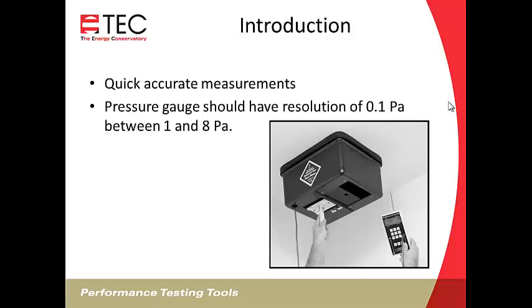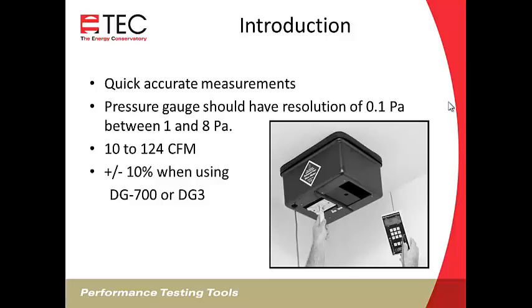So you need to be able to measure with the correct resolution between those numbers. The range of measurements you can take is between 10 and 124 CFM, and you'll get a 10% accuracy when using a 1% gauge, like a DG700 or a DG3.